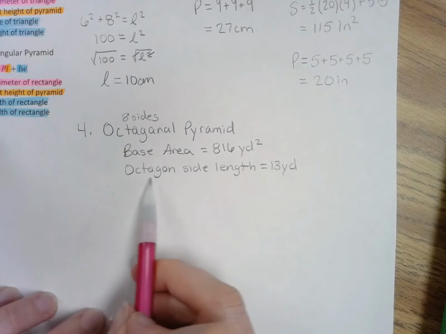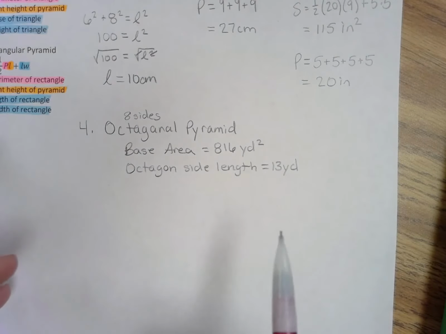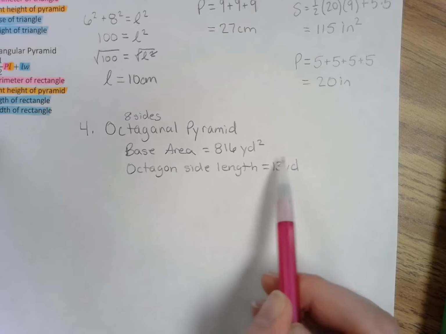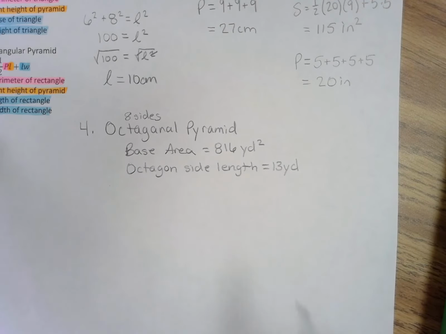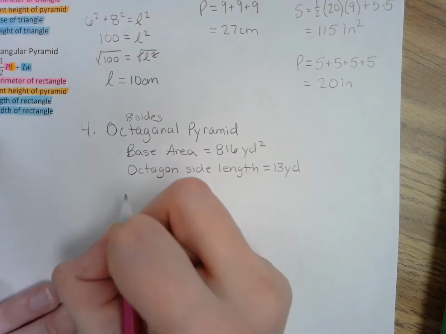And you might want to jot down that it is a regular octagon, which means every side is 13 yards. An eight-sided figure could have different lengths, but this is a regular octagon, meaning all sides would have 13 yards as their side length.